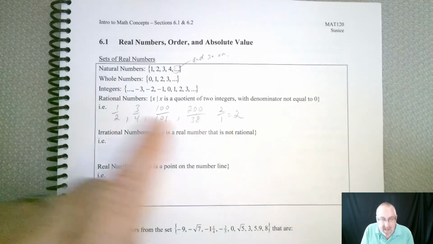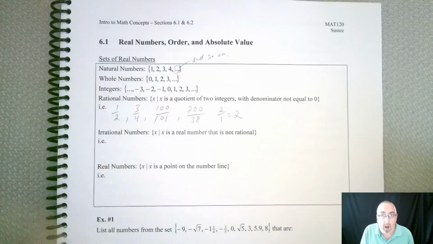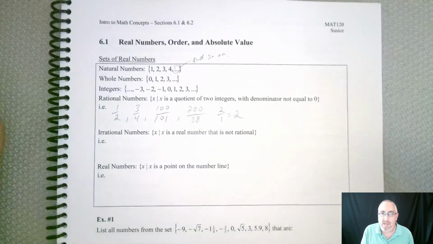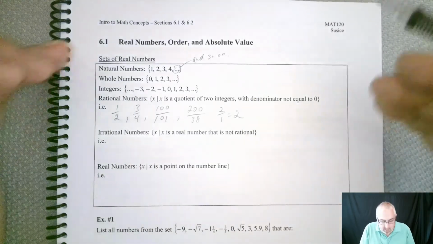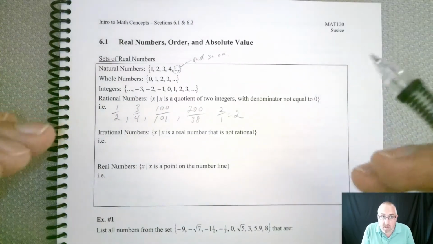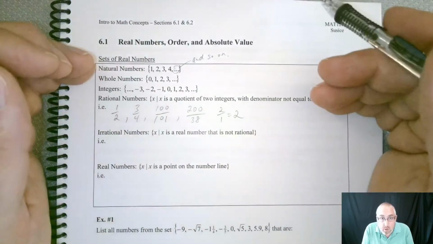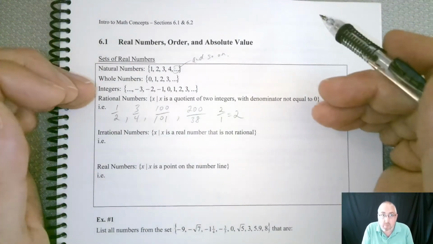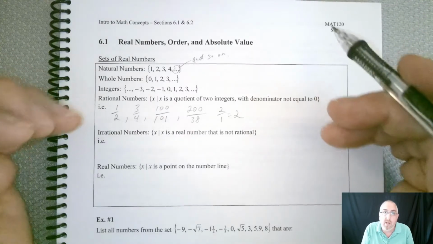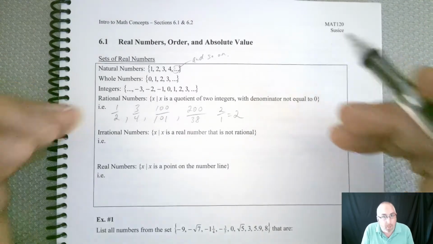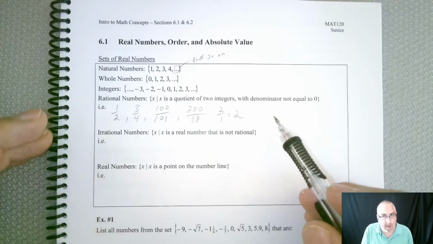And we can do that with any of these numbers up here. We can put them all over 1, and that makes them rational. So you can kind of see that these first 4 layers of numbers all build upon one another. So you use the first group in the second group. The second group gets used in the third group. The third group gets used in the fourth group. But once you get to the rationals, that's where it stops.